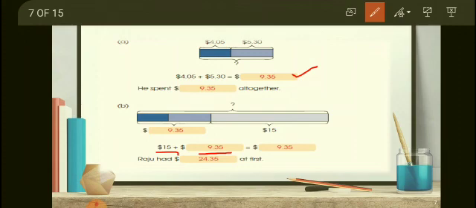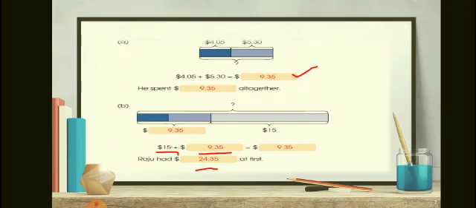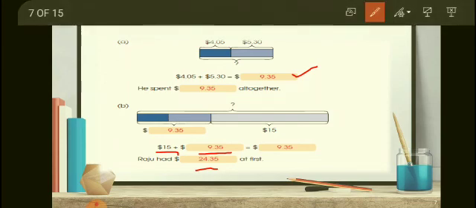So 15 plus 9.35 equals 24.35. So here it will be 24.35.